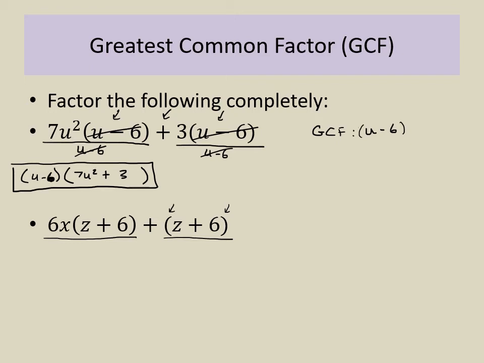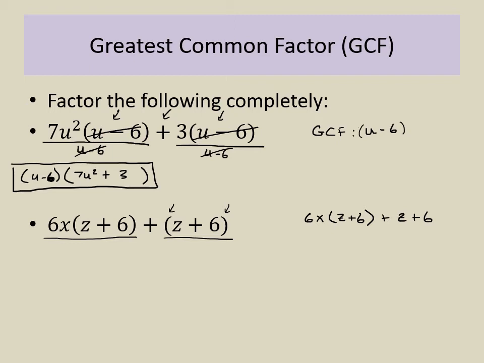Like this example here could have been written as 6x times z plus 6, plus z plus 6. Okay, that's exactly the same thing. I can get rid of those parentheses and write it as that.